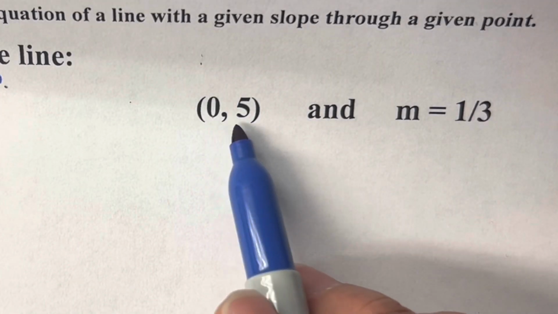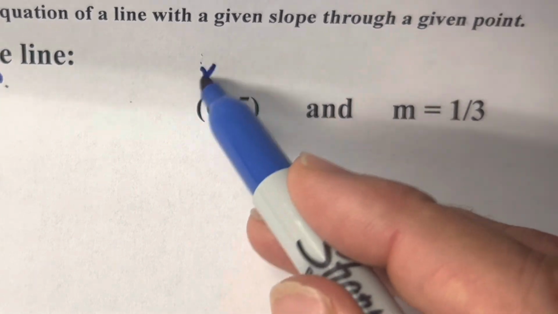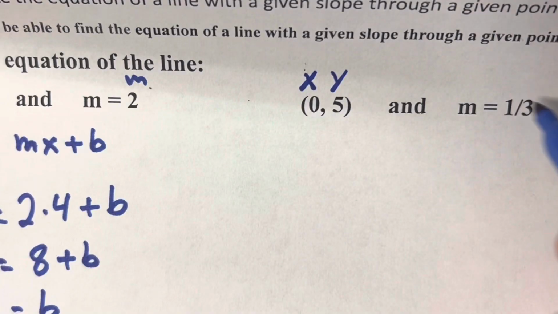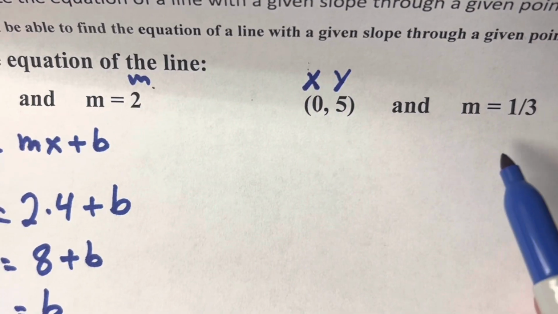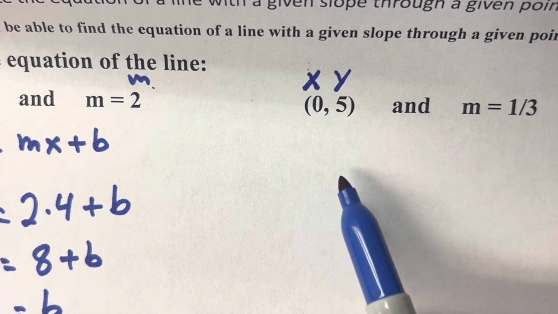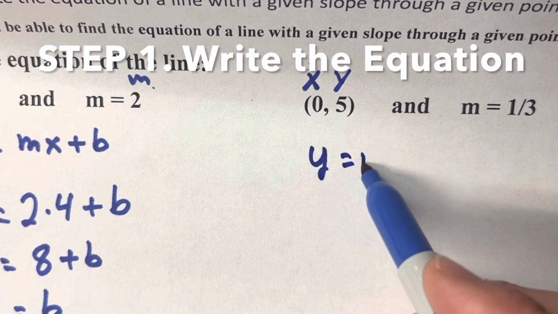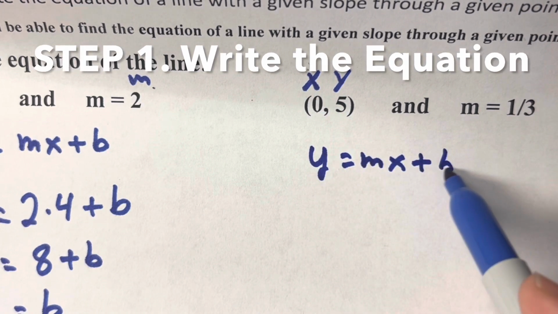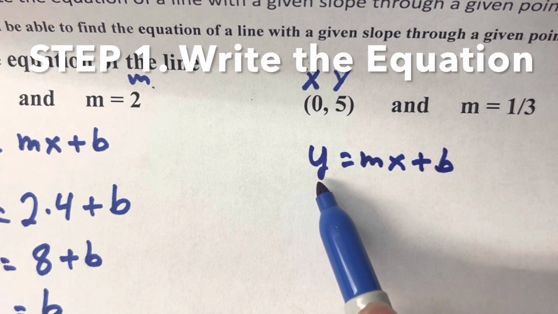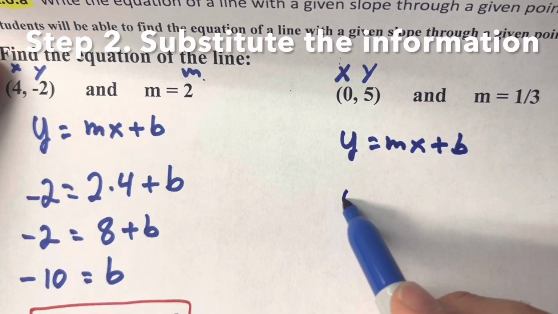Okay, (0, 5). So this is my x, this is my y, and this is my m, 1/3. Some people don't like fractions. Okay, let's work on this. y equal mx plus b. So the same thing. y is 5. So I put a 5 here.